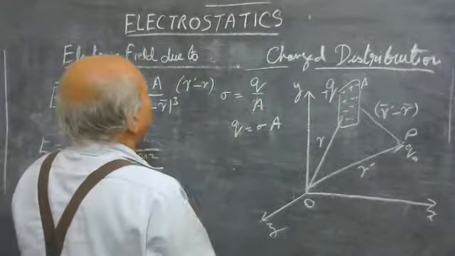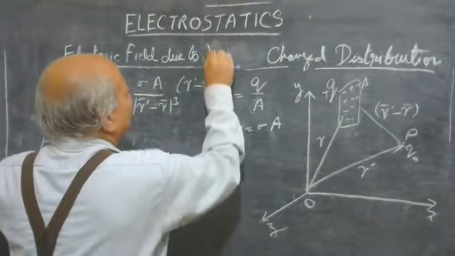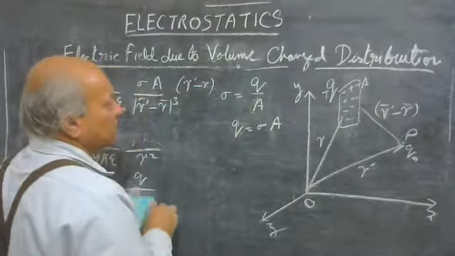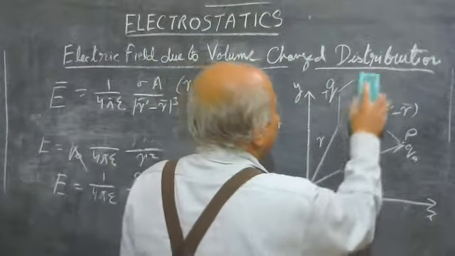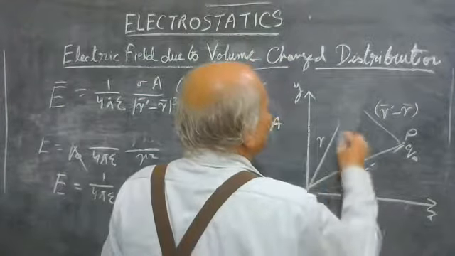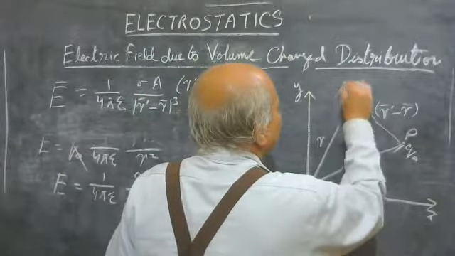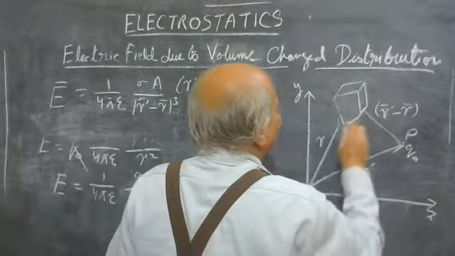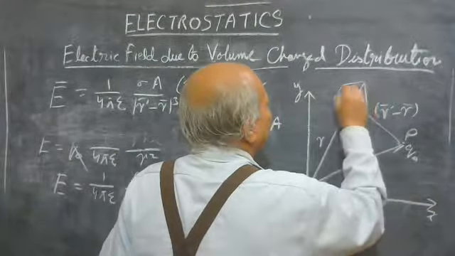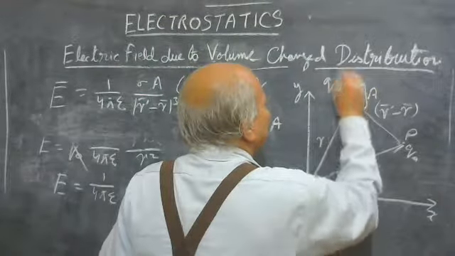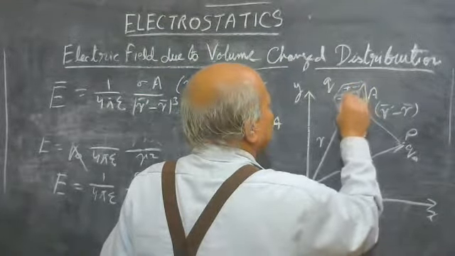Now we take volume charge density. In this case we will change to a 3-dimensional piece, a cuboid, placed at A, and Q charge is given to it.